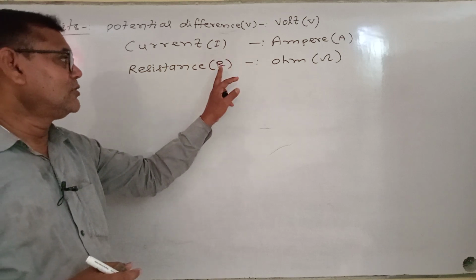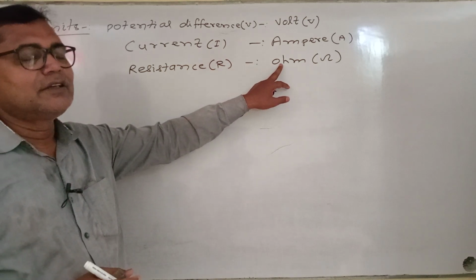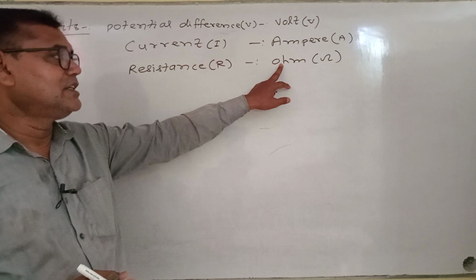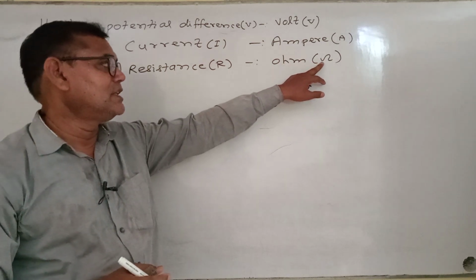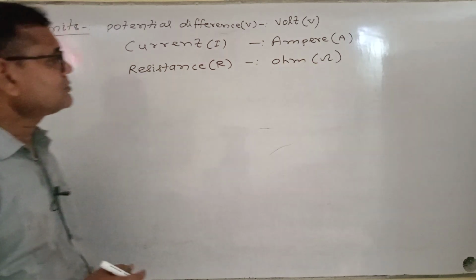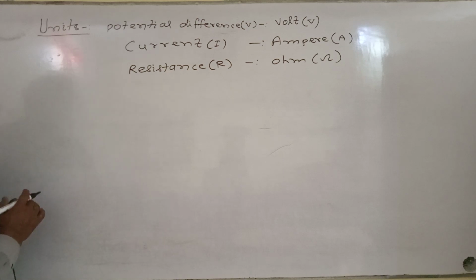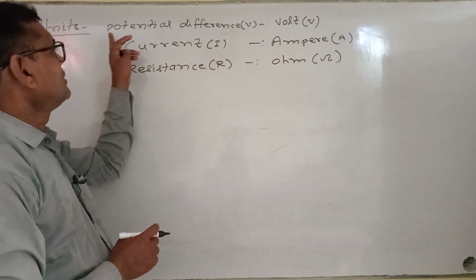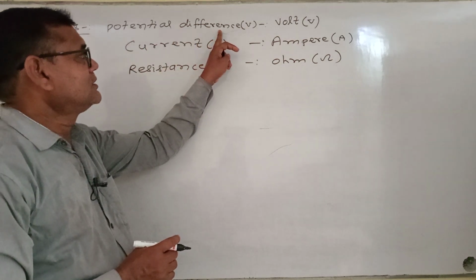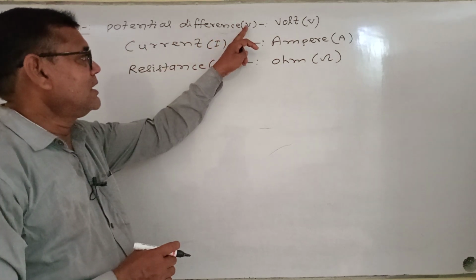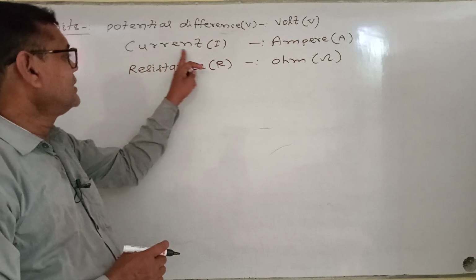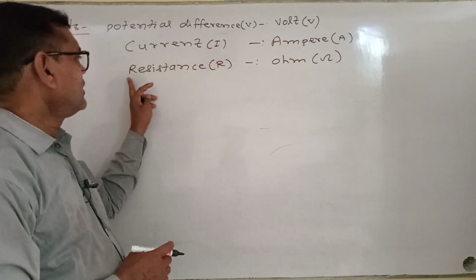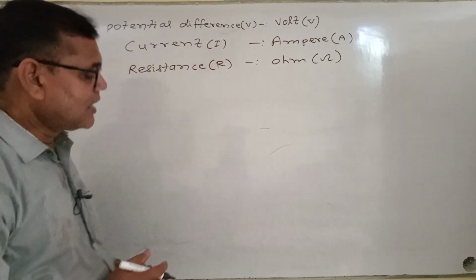It is denoted by R, and the unit of resistance is ohm. Potential difference is indicated by V, current by I, and resistance by R.